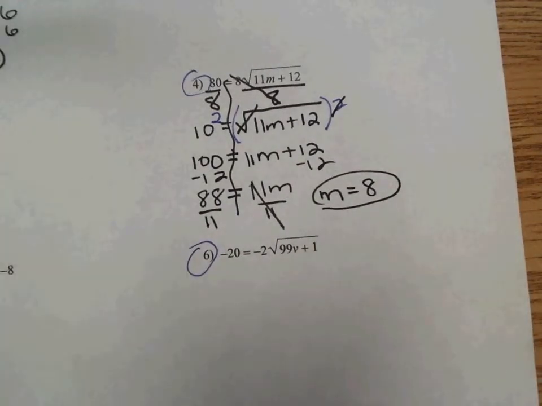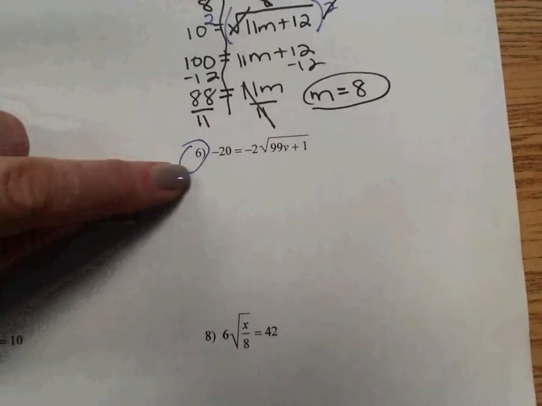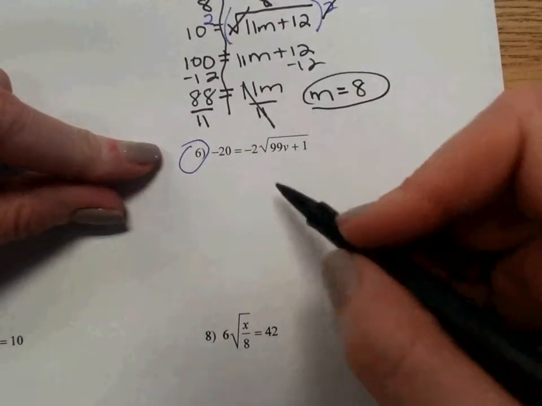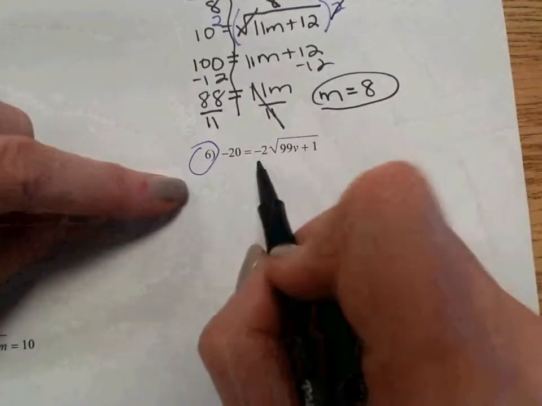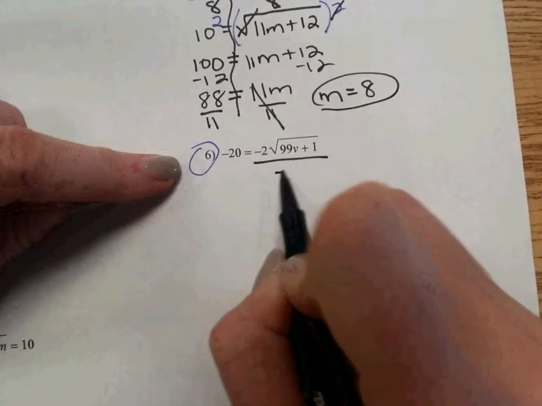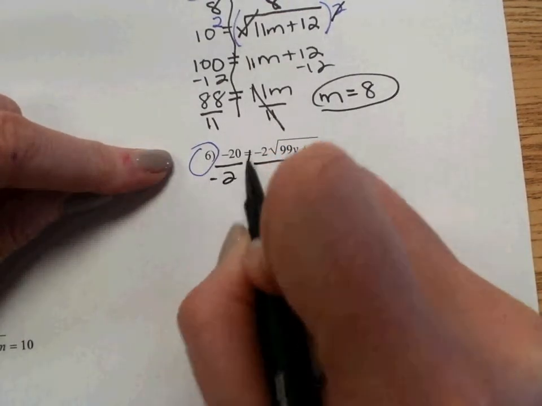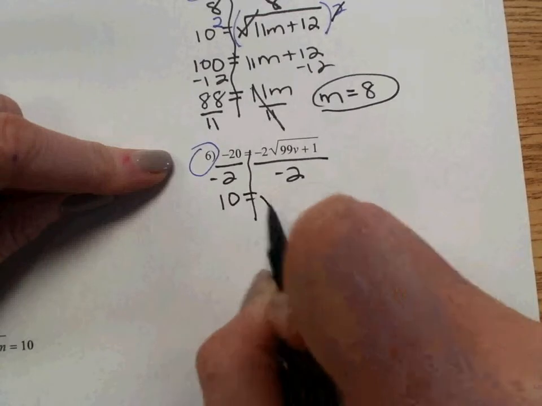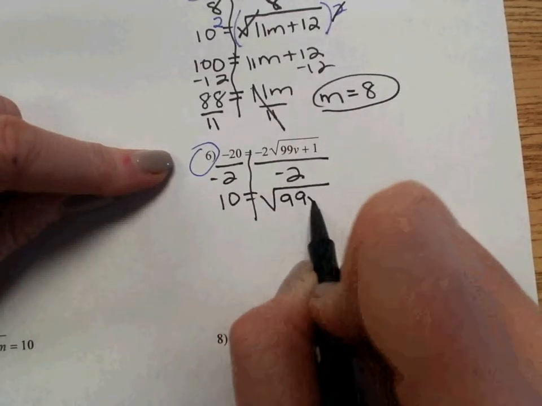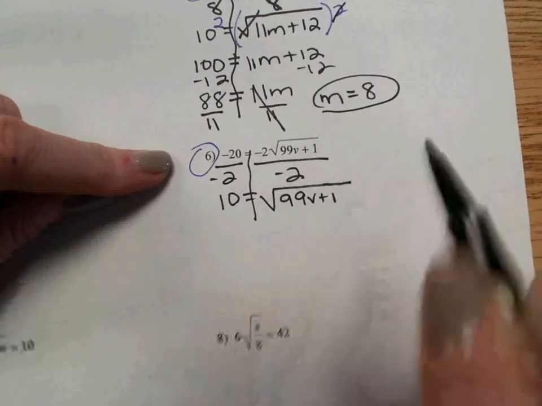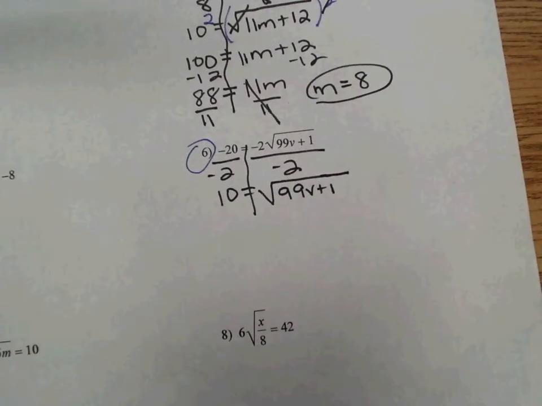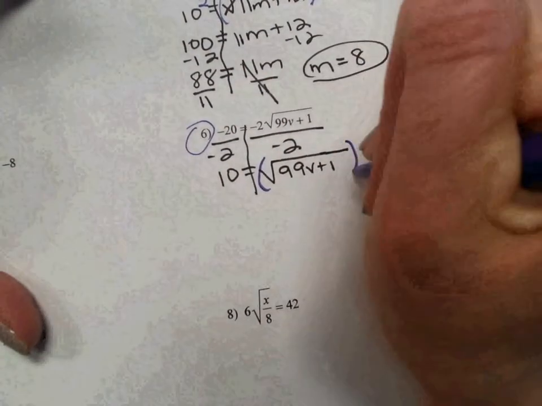We'll do a couple more. Number 6, similar to number 4, we're going to divide both sides by -2 to get the radical by itself. So 10 equals radical 99v plus 1. Next, we square both sides.